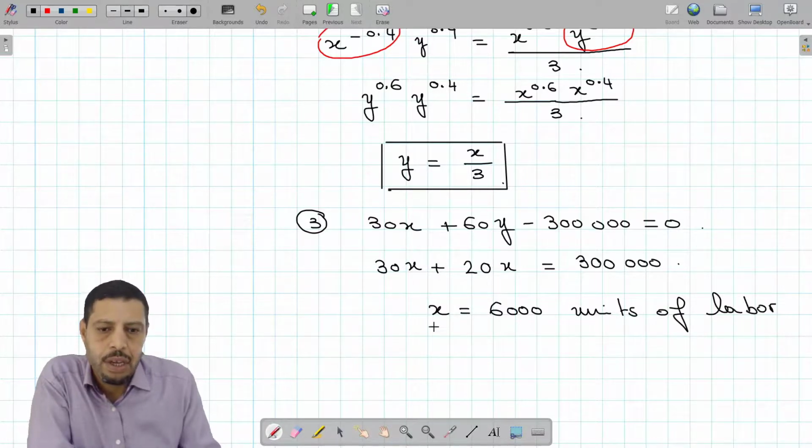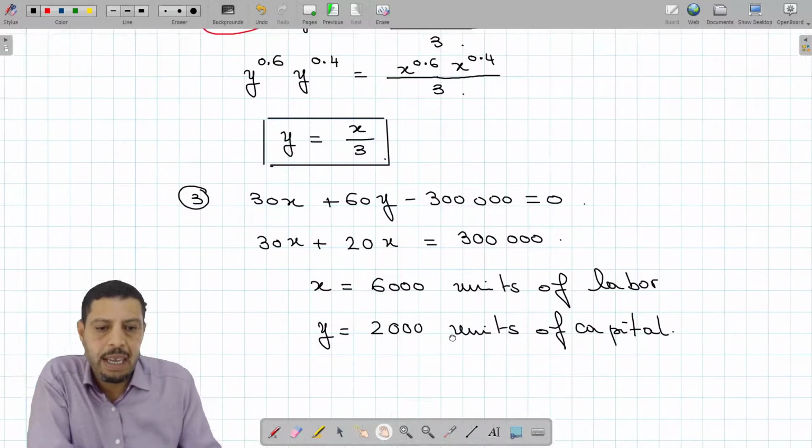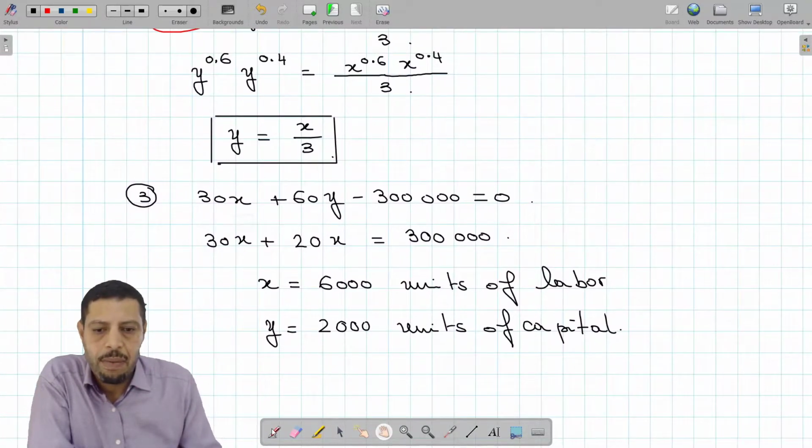And of course, you can compute the y. So the y will be equal to 6,000 over 3. It means 2,000 units of capital. Of course, the corresponding amounts in dollars will be respectively 180,000 because each unit of labor costs $30.